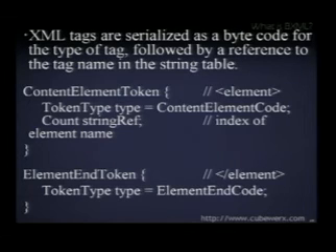Each element will be enclosed by a beginning tag, which has a type code for the element and a reference to the string table that tells you the name of the tag, and a closing type code that will tell you where the element ends.